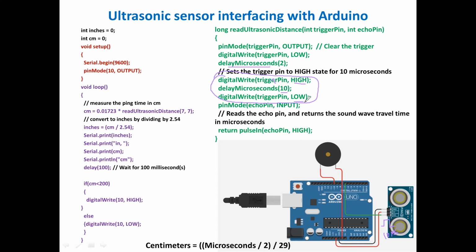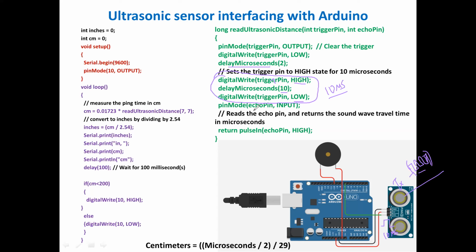This is the 10 microseconds delay you have to do. Once you do this, the pulse burst is generated for 10 microseconds and transmitted through the transmit pin.